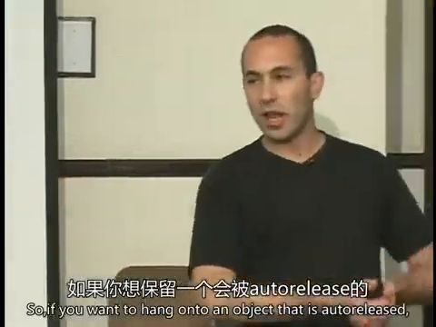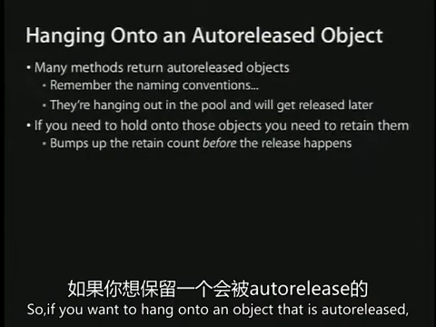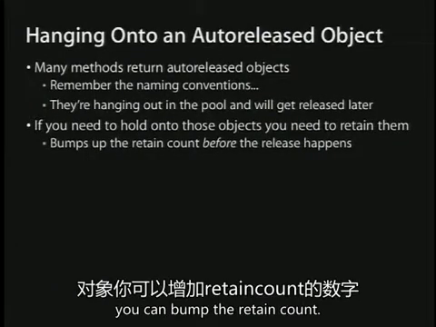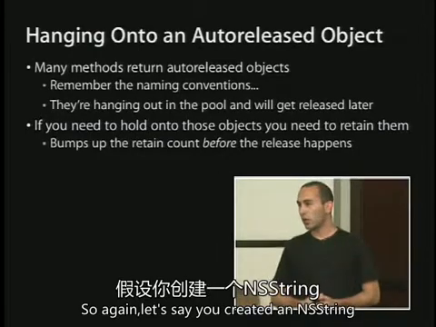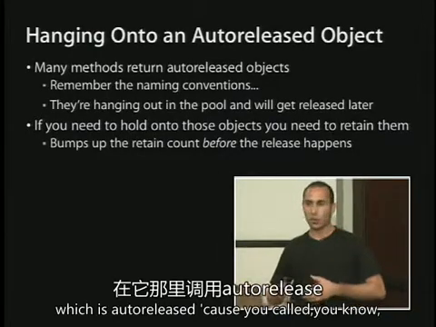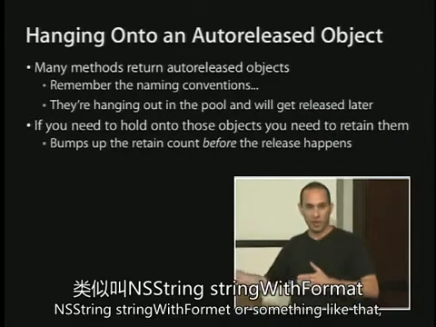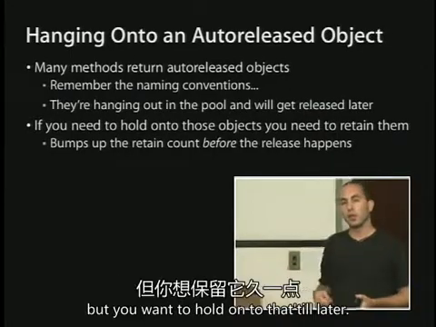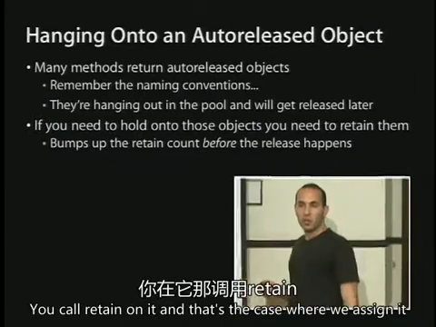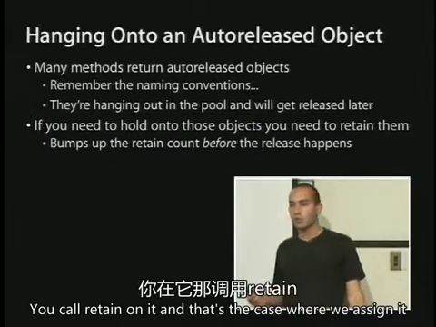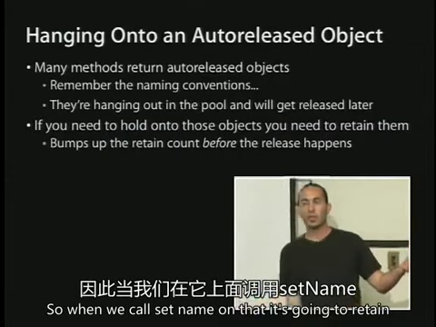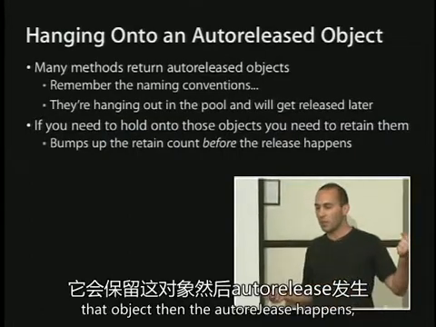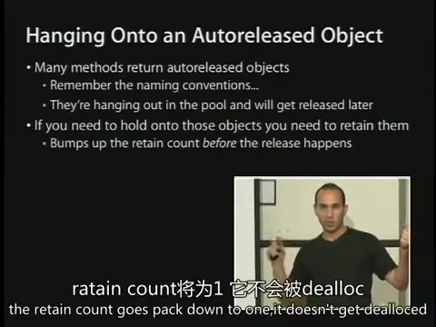So if you want to hang on to an object that is auto-released, you can bump the retain count. So again, let's say you create an NSString, which is auto-released because you called NSString with format or something like that. But you want to hold on to that for later. You call retain on it. And that's the case where we assign it to an instance, a setter, right? So when we call setName on that, it's going to retain that object. Then the auto-release happens. The retain count goes back down to 1.